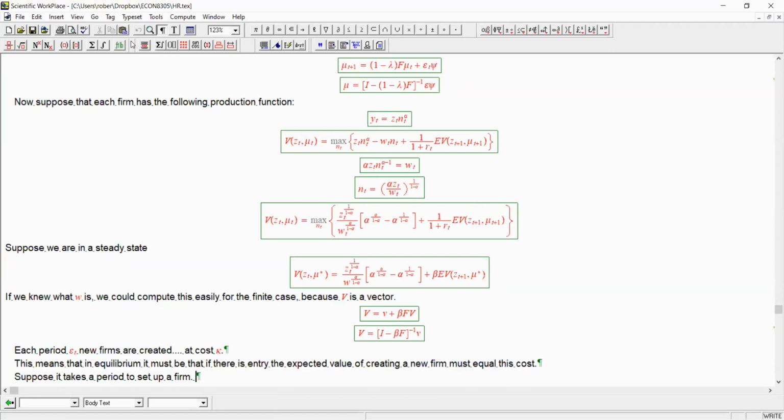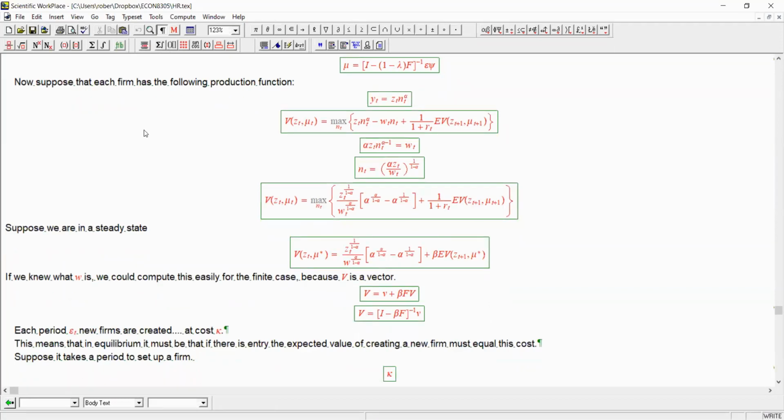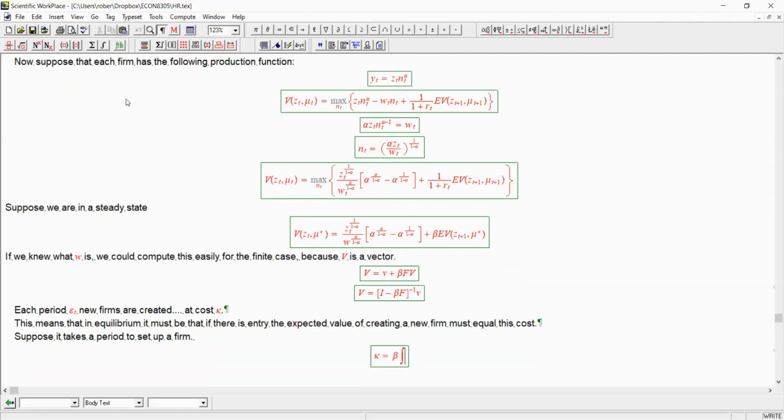Then this implies that this cost kappa must be equal to the discounted, in the continuous case, integral of V over possible values of tomorrow's productivity given the future measure based on the measure of incoming productivity values, psi.